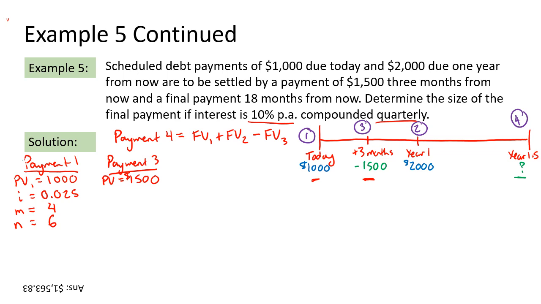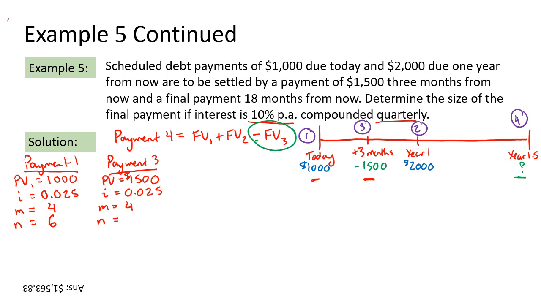When we rearrange this formula, we have it being subtracted, which means we can keep everything consistent and not have to change the signs in our formula. So our present value is $1,500. Like I said, our periodic interest rate does not change for each of them, so it's 0.025. Our number of compounding periods per year doesn't change either, it's 4.